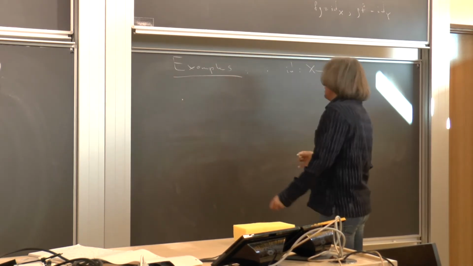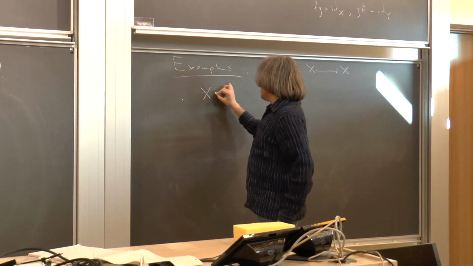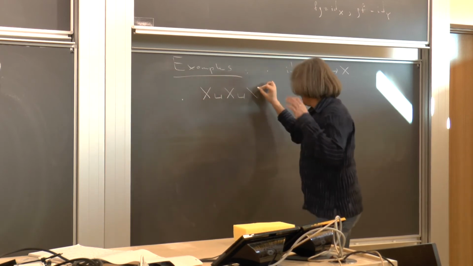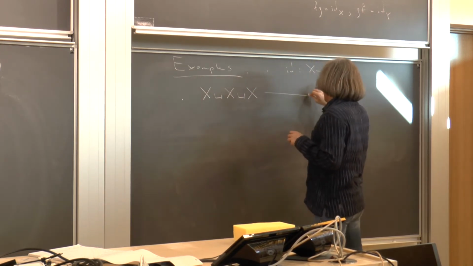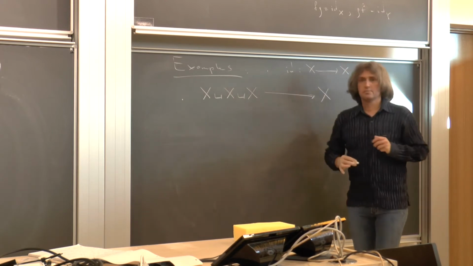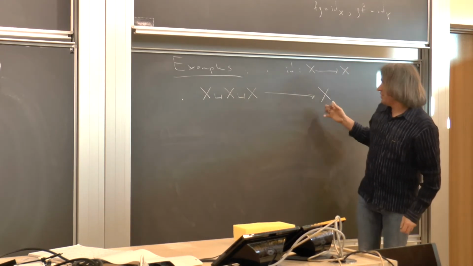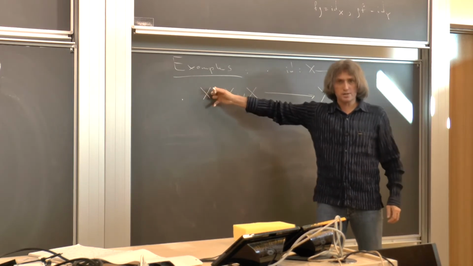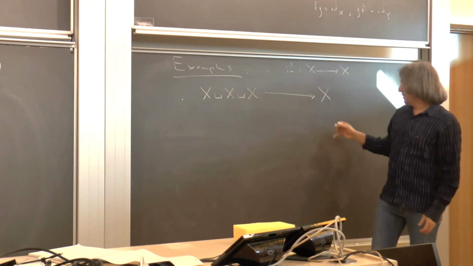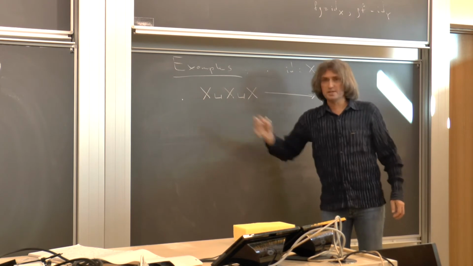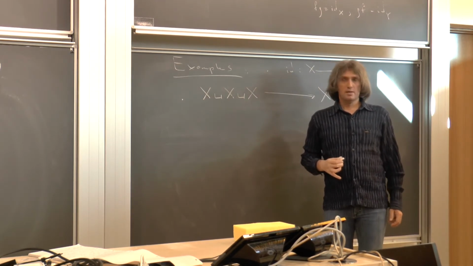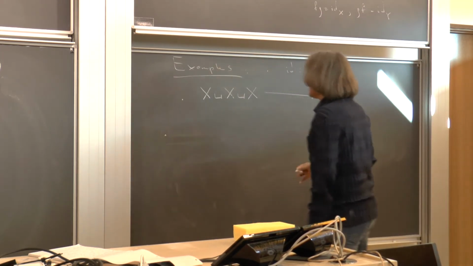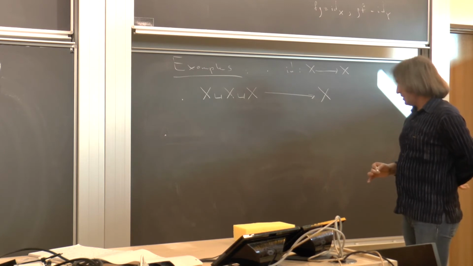Another example is if you take the disjoint union of a few copies of X, say 3, and it maps to X. Also, the preimage of a point is just the union of these points, and the preimage of a neighborhood is the disjoint union of the same 3 neighborhoods. So this was not interesting, and very generic, but here is the one which we'll use.